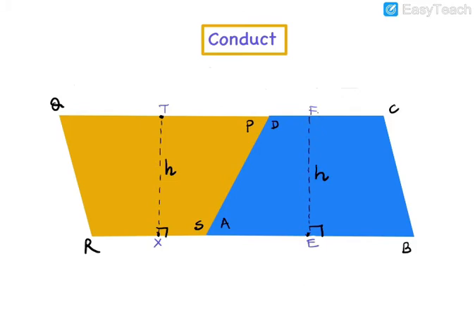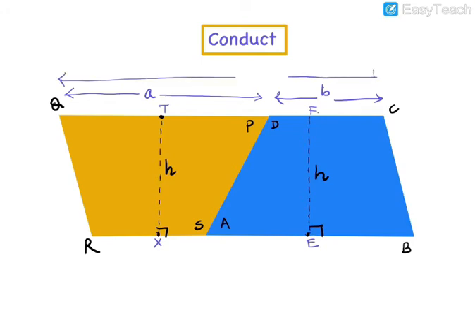Let's mark the sides of this quadrilateral. We have marked QP as A. And DC is marked as B. So the length of QC will be A plus B.